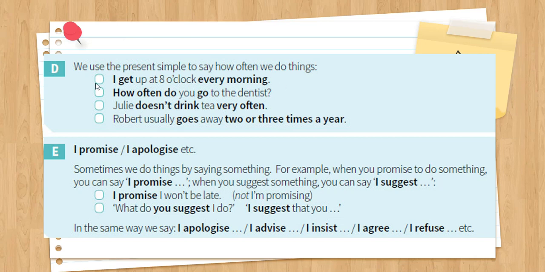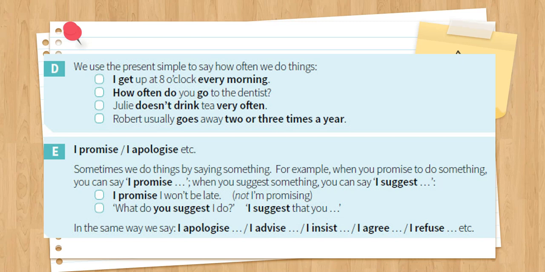Okay, so don't worry. How often do you go to the dentist? How often? How often do you go to the dentist? You can answer, well, I usually go on Saturdays, or I go to the dentist once a month.